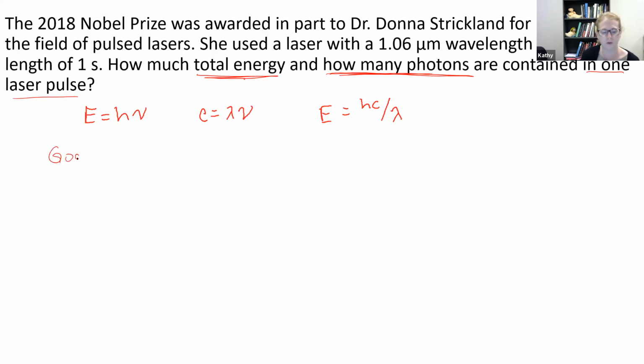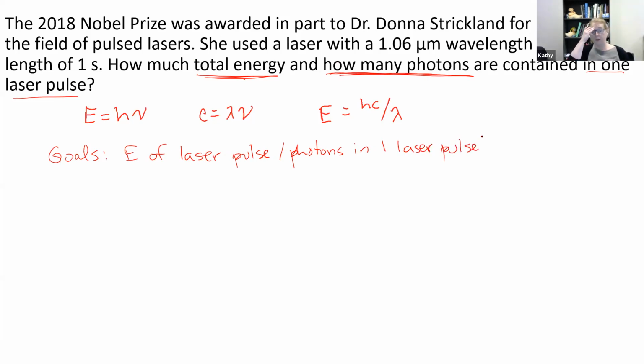So goals: energy of a laser pulse, and photons in one laser pulse. And the only information we have is the wavelength of the laser and the pulse length, so how long the laser is pulsing.